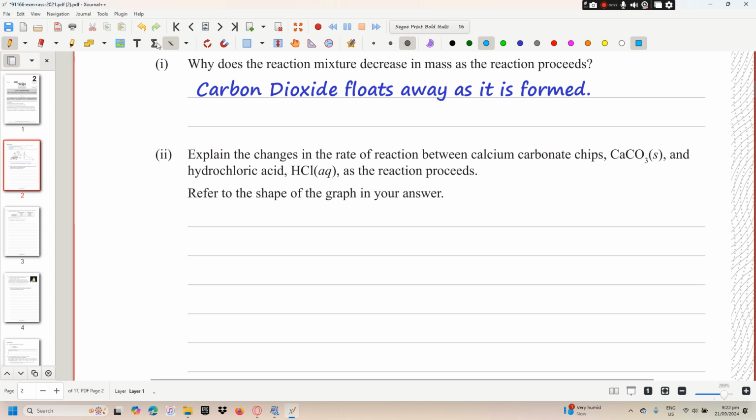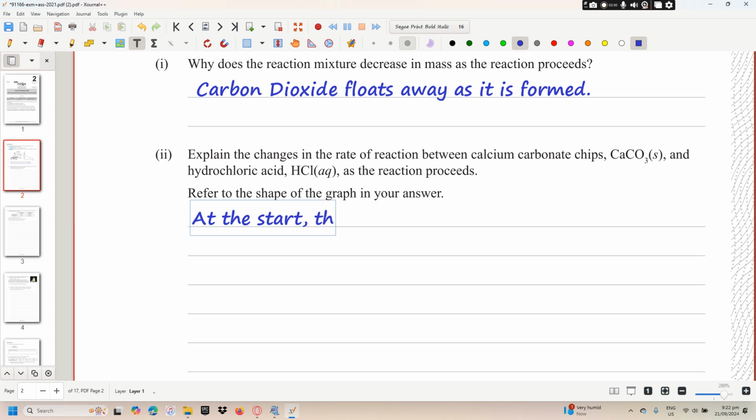So let's see if I can put that into some words. Let's start. Just skip through this while we get to the next question.